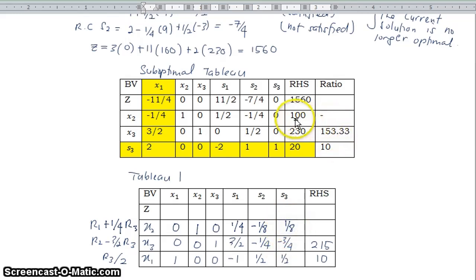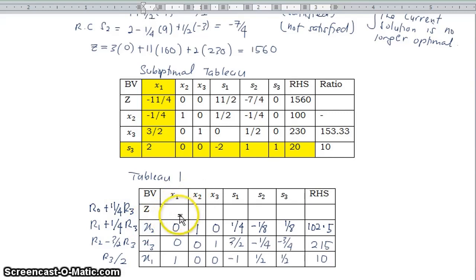The right hand side is 100 plus 1/4 times 10. It is equal to 102.5. For row 0, to get 0 for a coefficient of x1 in row 0, the ERO is row 0 plus 11/4 times row 3.